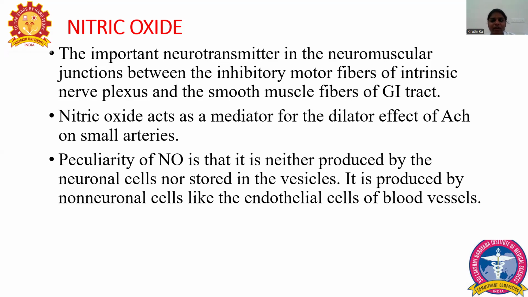The peculiarity of nitric oxide is that it is neither stored in vesicles nor produced only by neural cells; it is also produced by non-neuronal cells like endothelial cells of blood vessels. In the brain, it acts as a signal for the postsynaptic neuron to communicate with the presynaptic neurons, mediating long-term potentiation and long-term depression.